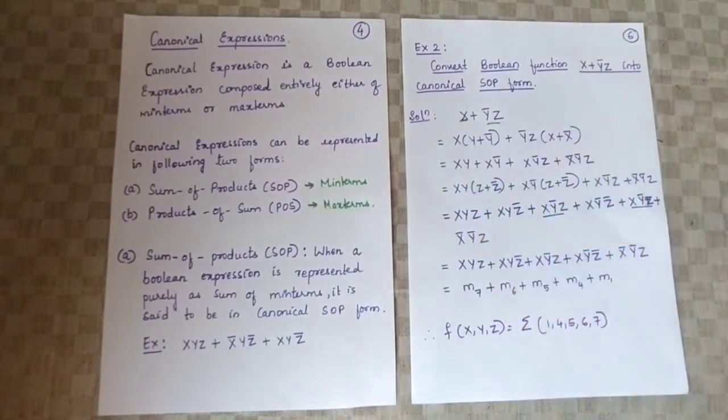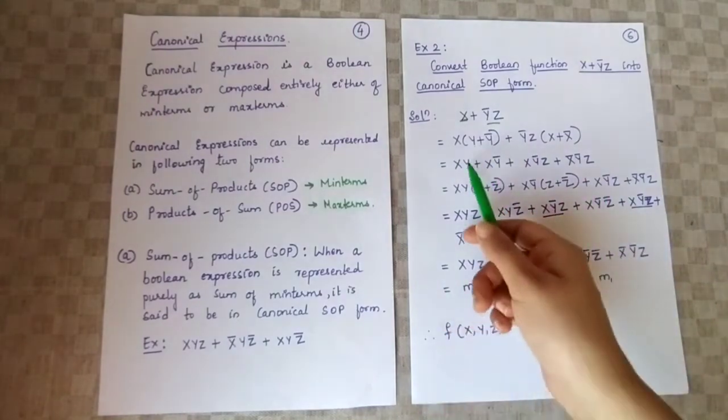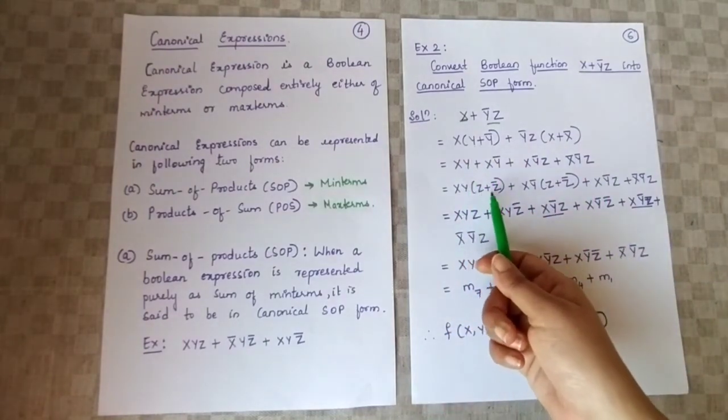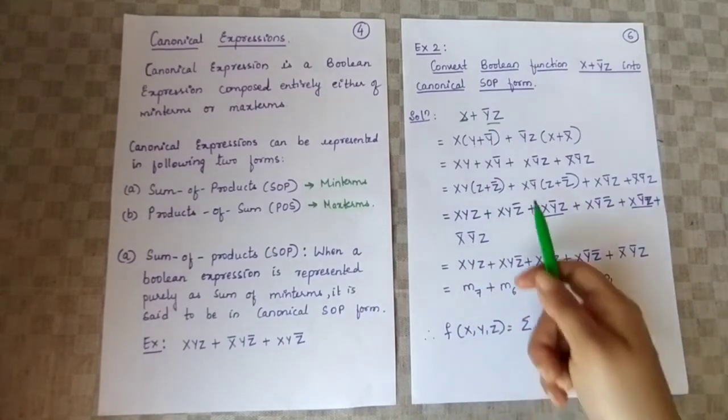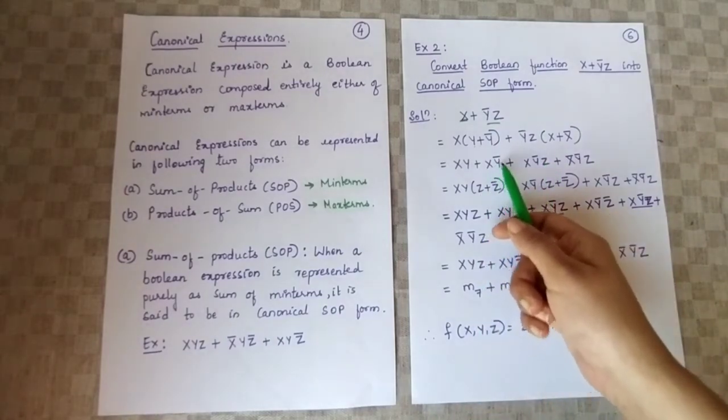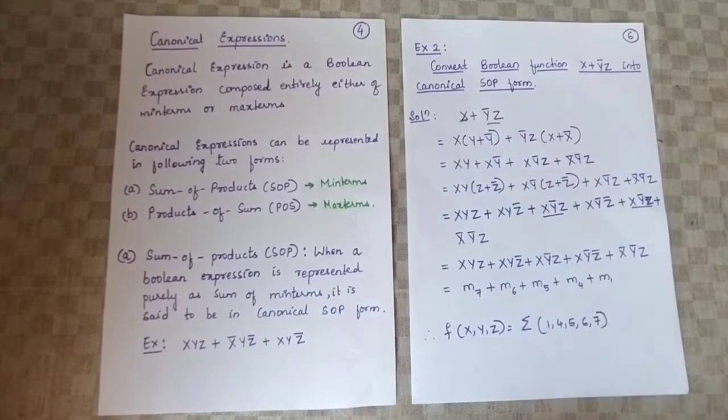Still we don't get a complete min-term expression because in these terms z is missing. Now multiply them, xy into z plus z complement, plus you are going to take again xy complement into z plus z complement, plus xy complement z plus x complement y complement z.